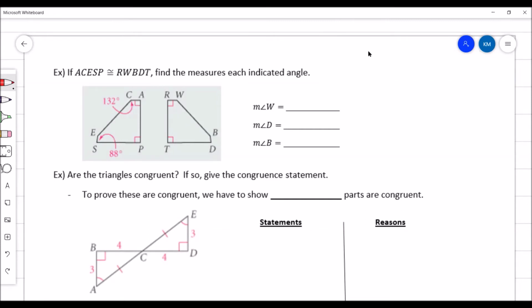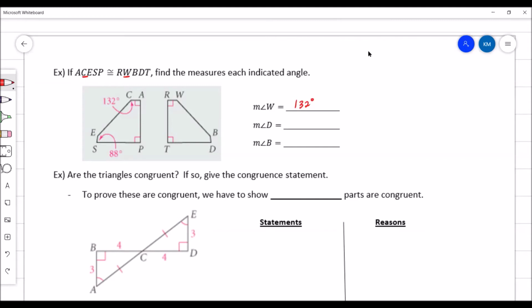If angle W, so we look at our naming convention here, W's here, it should be congruent to the angle in its same position. So W and C are in the same position. C's marked as 132 degrees, so therefore we know that W is 132 degrees. Again, we know that because this congruent statement tells us that C is congruent to W.